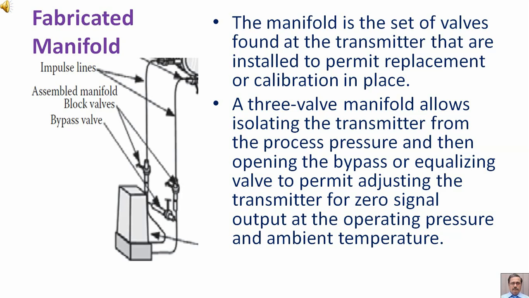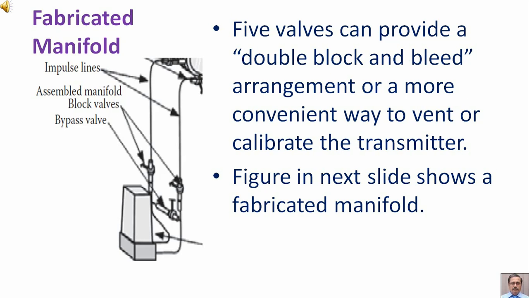A 3-valve manifold allows isolating the transmitter from the process pressure and then opening the bypass or equalizing valve to permit adjusting the transmitter for zero signal output at the operating pressure and ambient temperature. 5 valves can provide a double block and bleed arrangement or a more convenient way to vent or calibrate the transmitter.